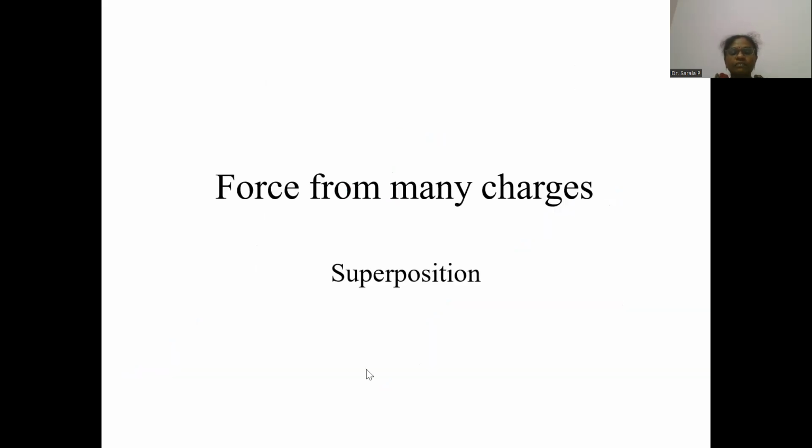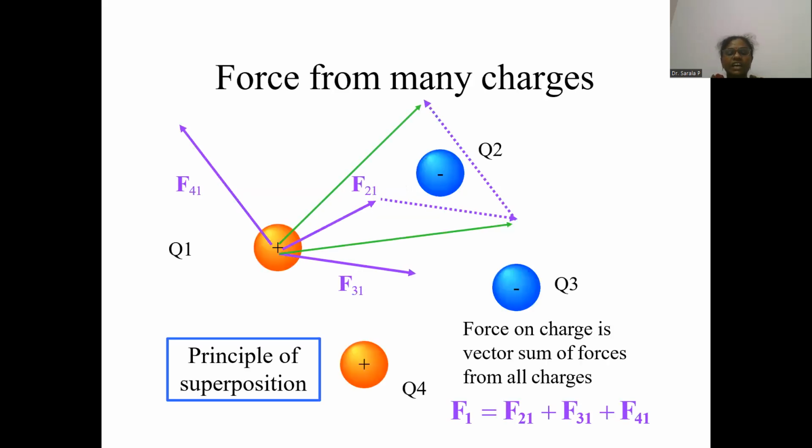Now, if we consider the force from many charges, till now we have seen only two charges, so we just directly gave Q1, Q2. If we have many charges, we explain it with respect to the superposition theorem. That is, we add all the forces, the vector sum of all the forces, which gives the equivalent force. So let us see, there is a positive charge.